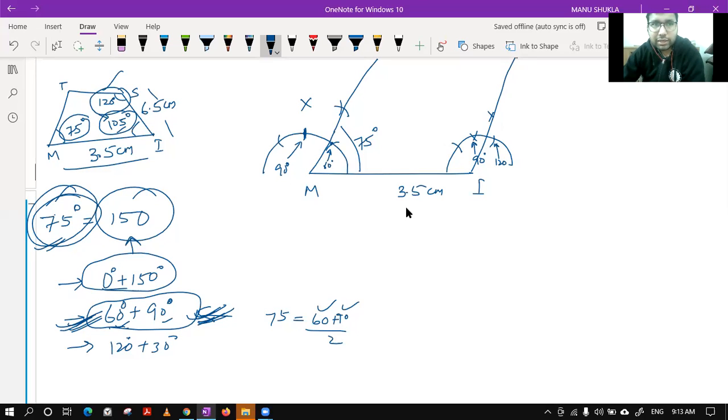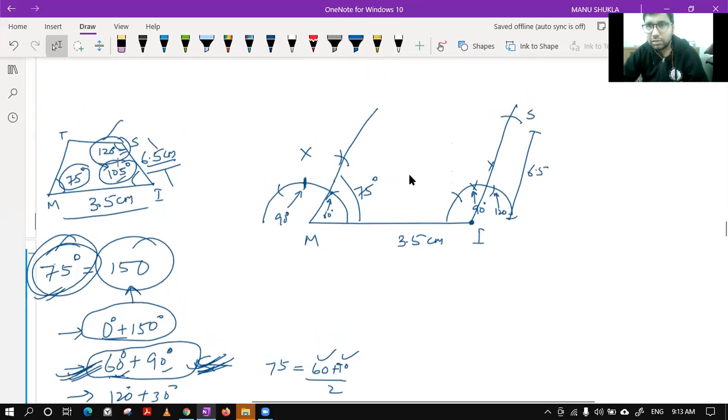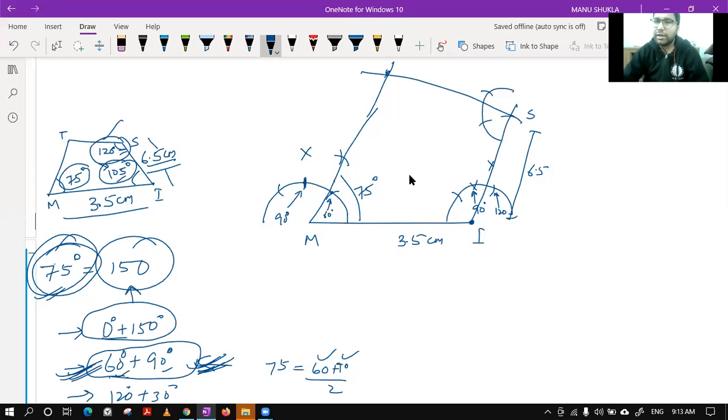And then you will cut an arc of 6.5 centimeter by keeping the compass on I. It will be your S. Finally, you will draw this angle 120 degree on this point S. Like this, you will cut first arc, second arc. It will join somewhere over here and you will obtain the quadrilateral.